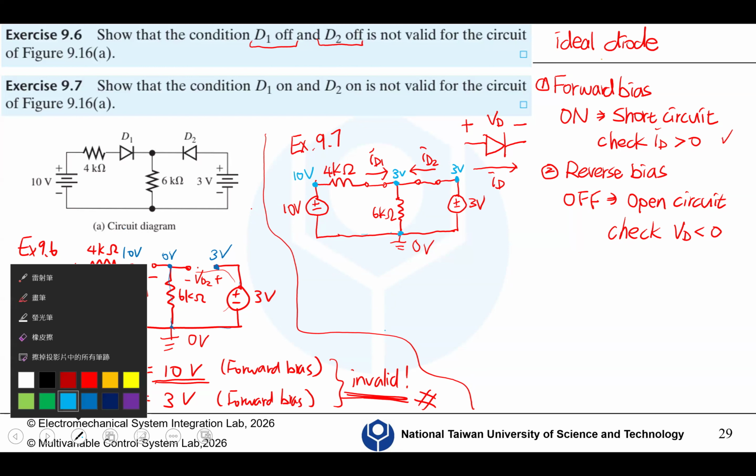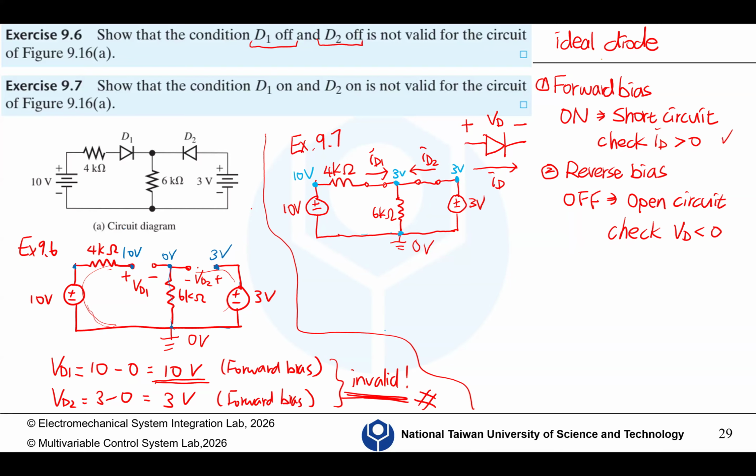So ID1, the current going through this 4K ohm resistor, equals 10 minus 3, because we want to check the polarity and the value of ID1, divided by 4K, which is 7 over 4 milliamperes.